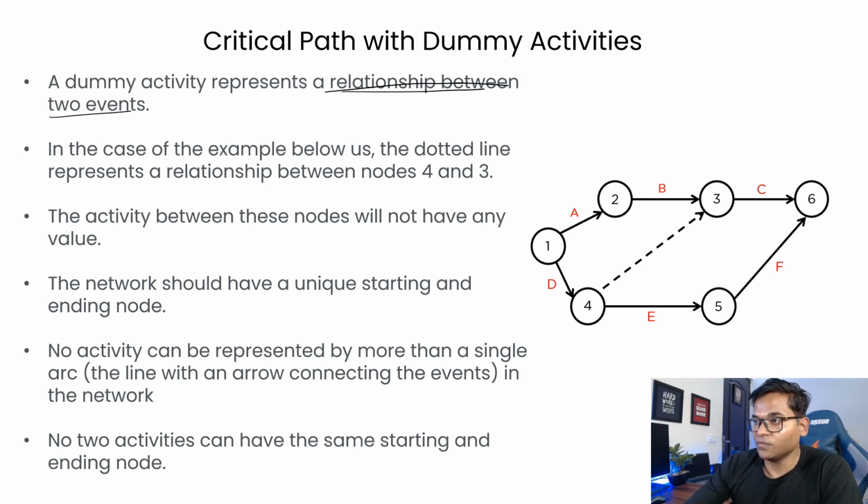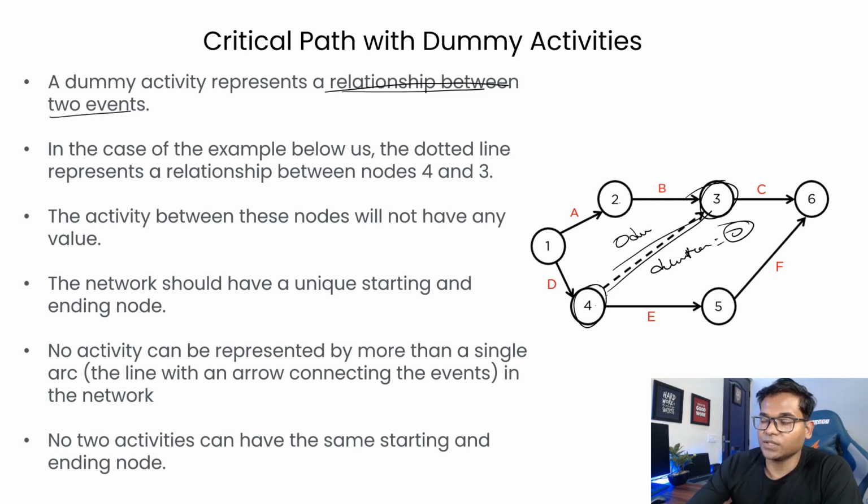So if you see this diagram, the relationship between 3 and 4 is what is called a dummy activity relationship, and its duration is actually 0. It's a 0 duration, but it's just showing the relationship that activities 2 and 4 are completed, and then they can move on with this one, the 4 3.